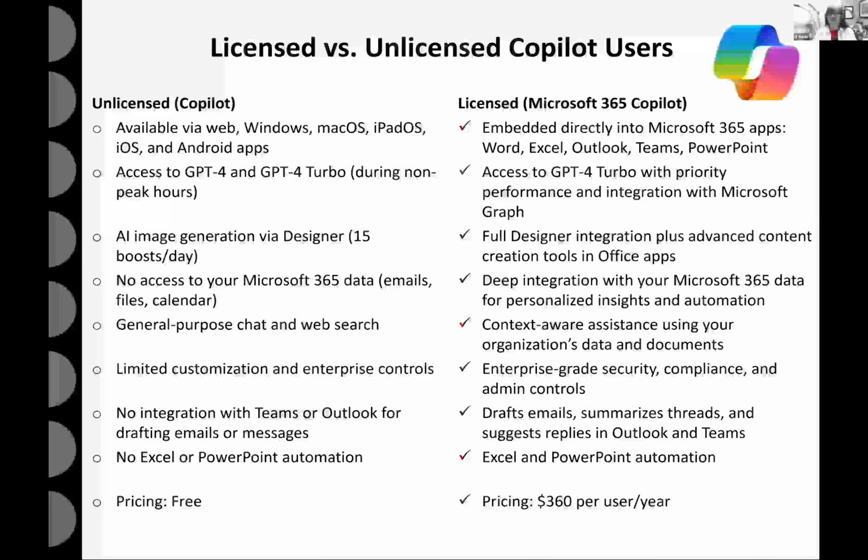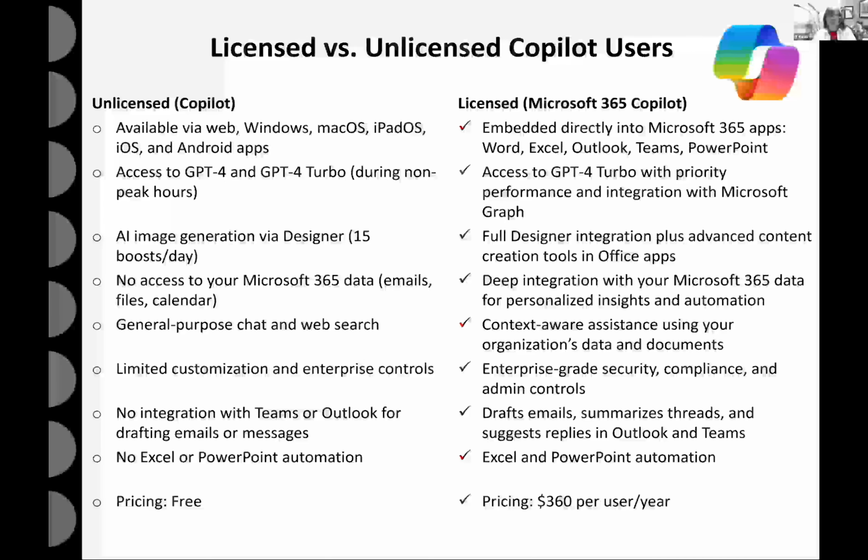They do make the free version available, as I said, inside of Windows, inside your browser. But if you go to the license, this is the most important part, it's now directly embedded into a lot of the Microsoft apps, Word, Excel, Outlook, things of that nature. And you can do a lot more. One of the main distinctions that I wanted to make is that it determines how much of your environment it can see.